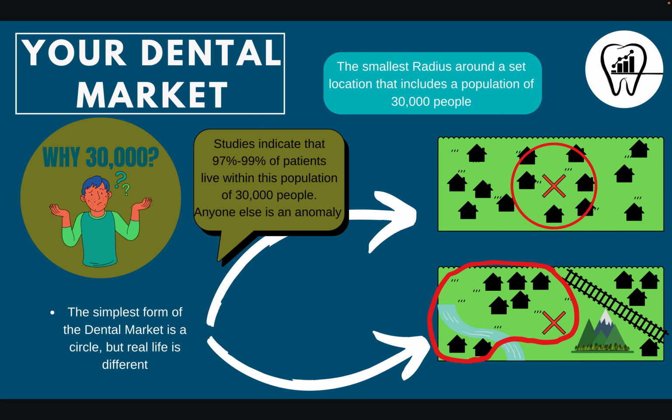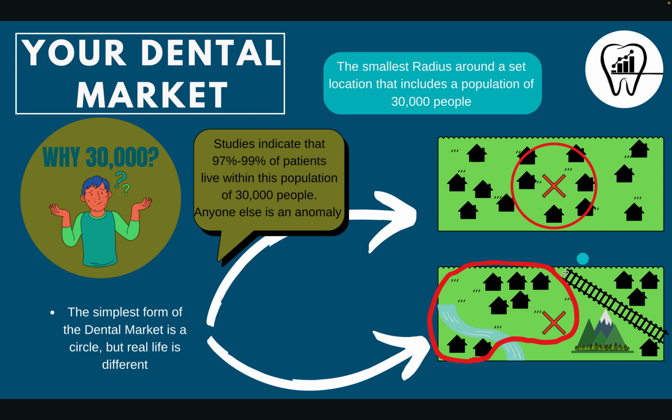And then lastly, about the dental market, is that the simple circle is a little too simplistic. I mean, you won't be actually creating these maps yourself. You'll be asking an expert to do them. But the simple circle, it's just a little too simplistic. That's where you start off at, right? But you have to realize that there are certain barriers that will prevent people that might be by radius closer, but by true distance further away from your practice, right?